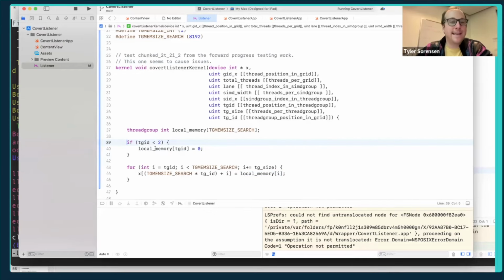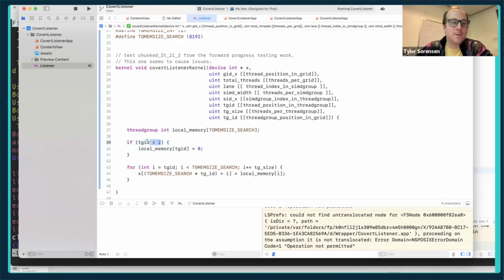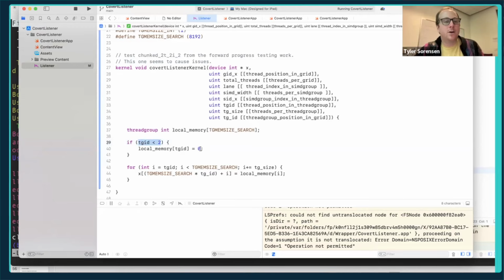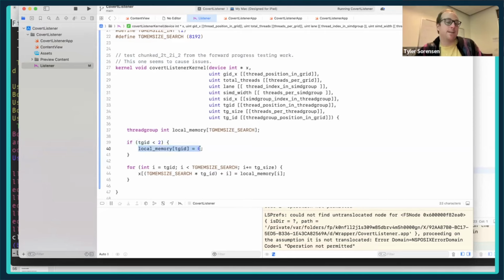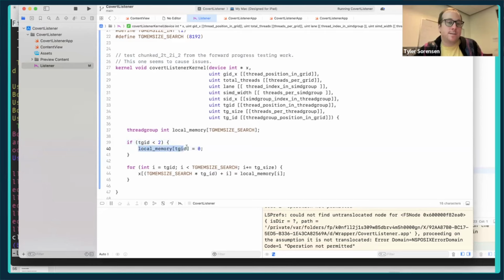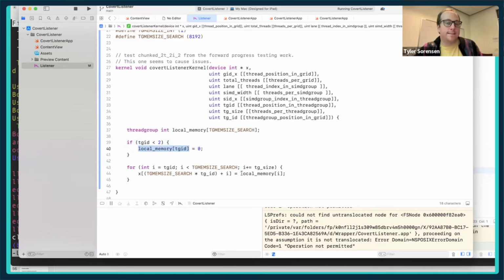But what I'm saying here is, if I have just a couple of threads, just 2 threads with ID less than 2, I'm going to have them write something to local memory. So I'm just going to take 2 spaces out of our 8K and write something there. In fact, I think this could probably be 1. But now the compiler has a difficult choice. The compiler says, hey, somebody's writing here and somebody's reading.